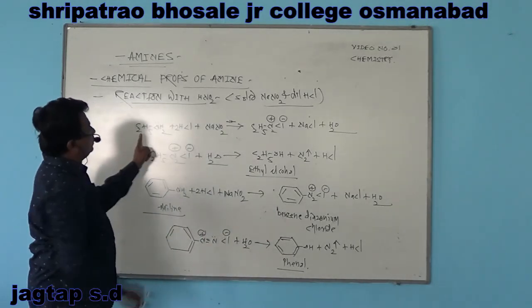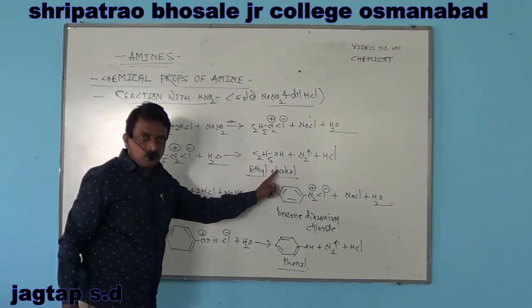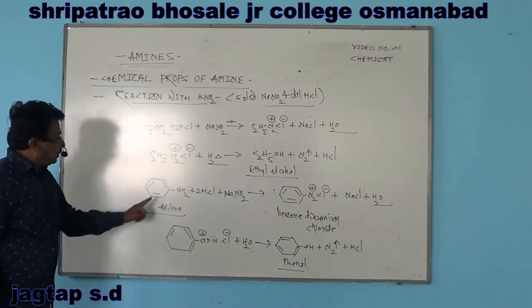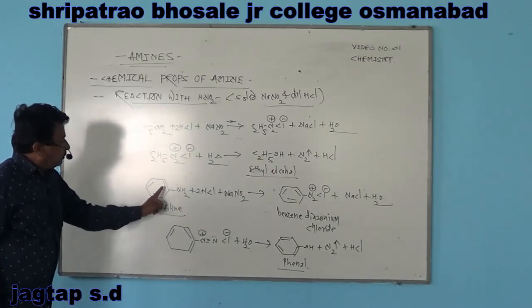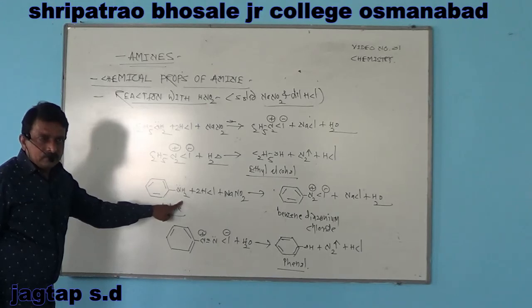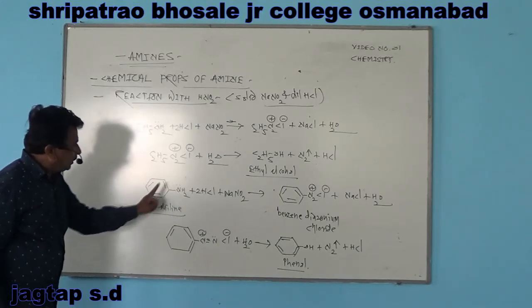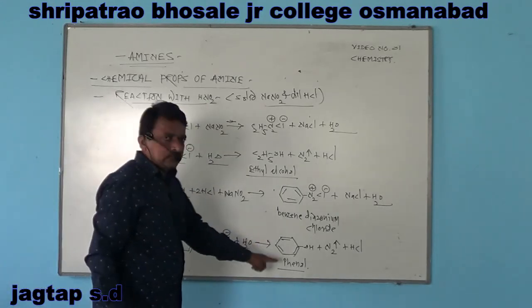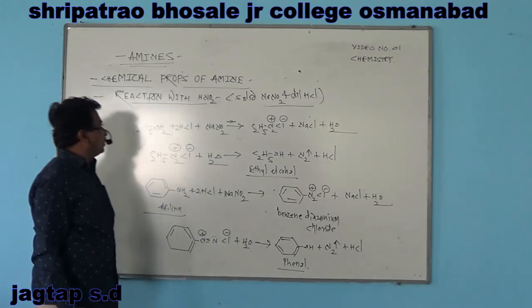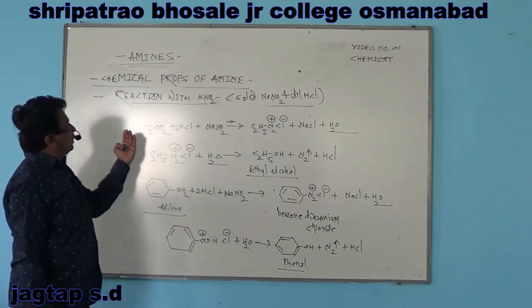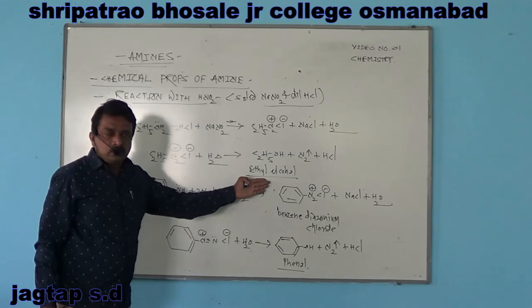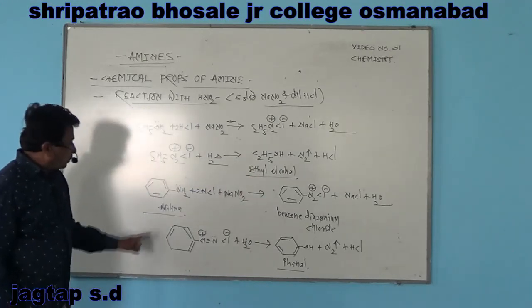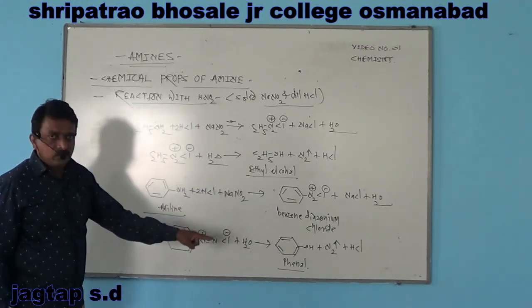An aliphatic primary amine produces alcohol, while aromatic primary amines produce phenol. Then the question will be, how will you convert ethylamine into ethyl alcohol, or how will you convert aniline into phenol?